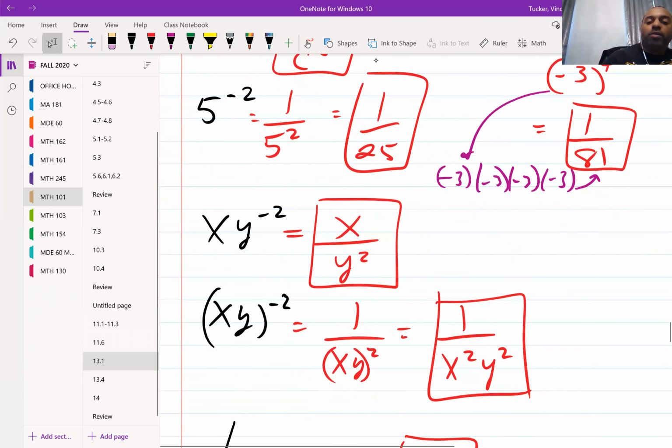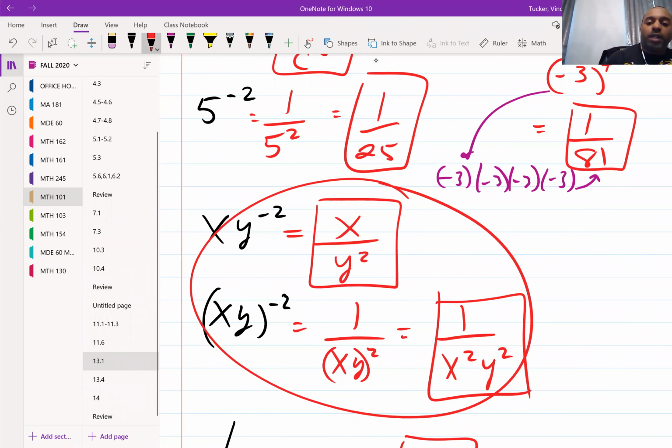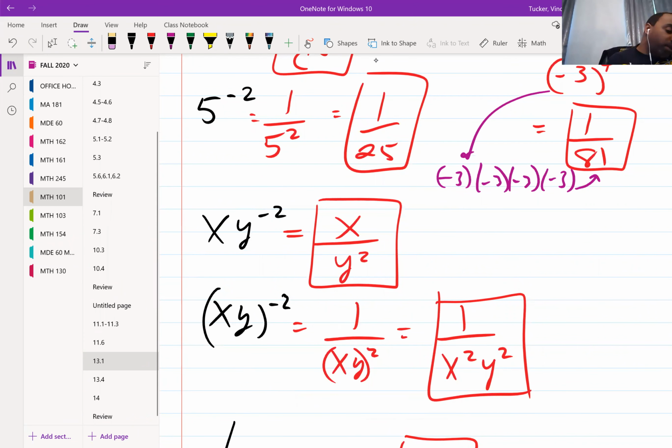All right. So the next two, once again emphasizing what's being affected by the exponent and what's not, depending on if you have parentheses or not. So here in this first one, the only thing that's being affected by that exponent of negative 2 is just the y. So that's why you see right here, we just drop the y down bottom. In this case, because we have parentheses, both the y and the x are affected by the negative exponent.